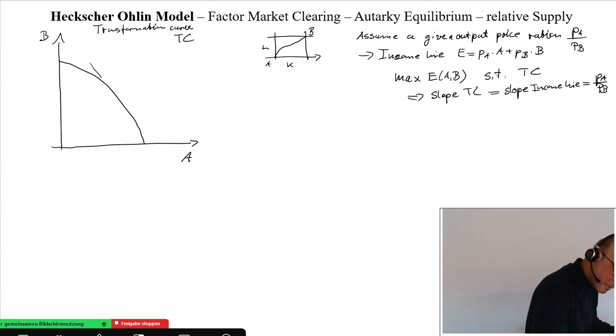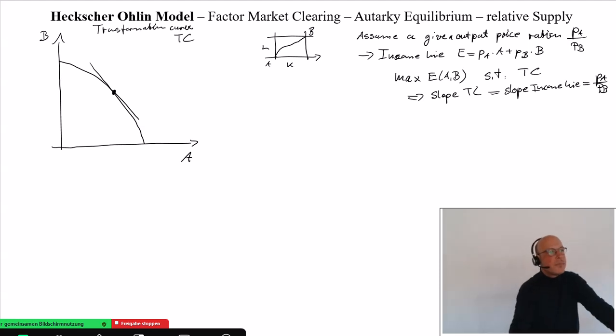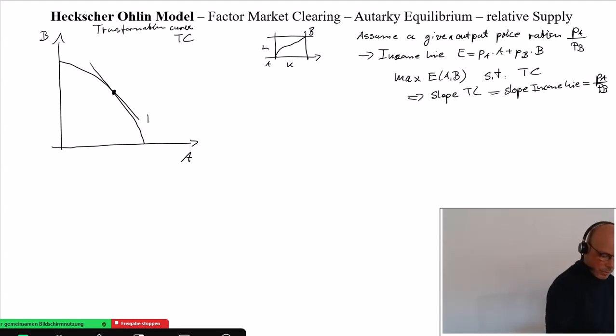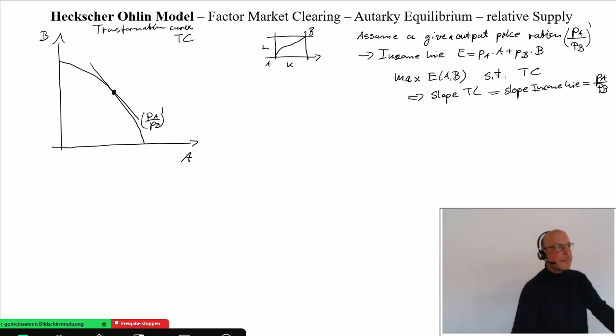So this means this would be our optimal production point where we have some given, let's also always say this would be some PA over PB prime. So, but now we can, so to speak, move backward in our argumentation.